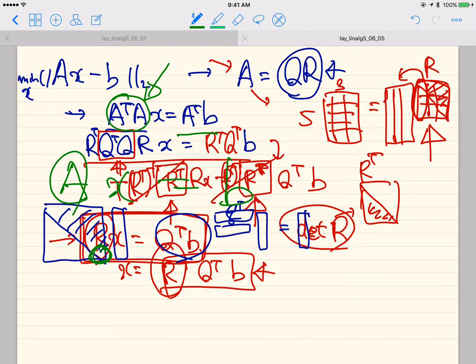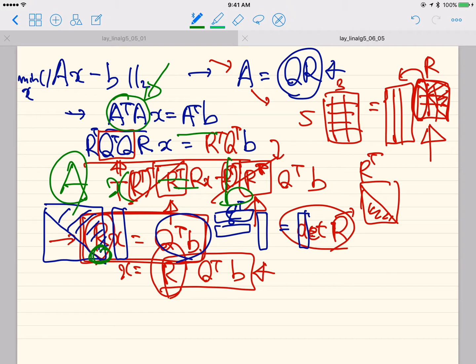Now on the other extreme, the simplest and luckiest case is where your matrix A has orthonormal columns. In that case, A transpose A is simply an identity matrix or diagonal matrix.